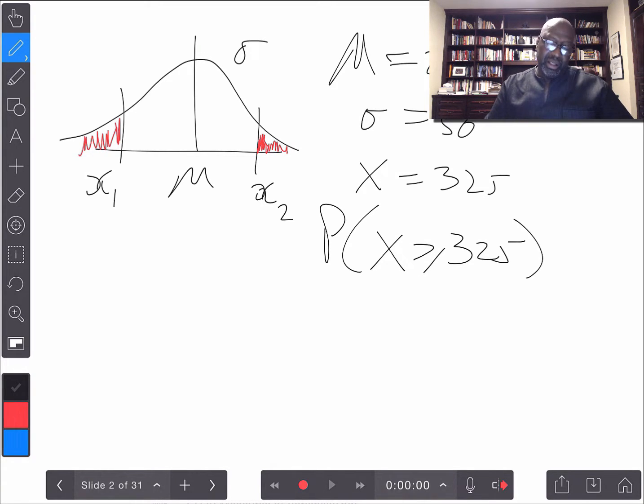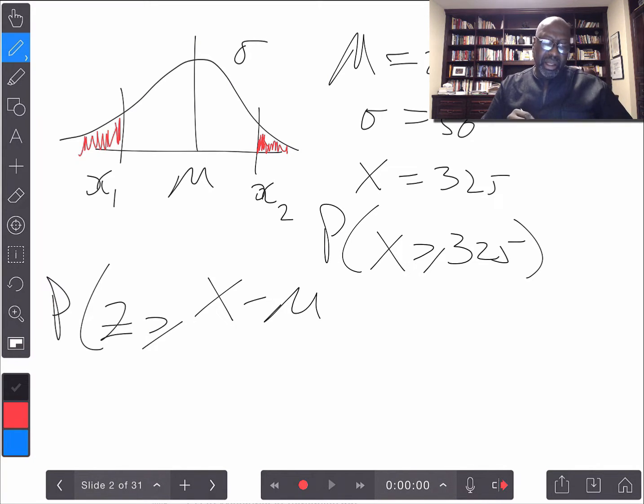Then we would convert this x value to a z-score. So it would be the probability of z greater than or equal to... but what is a z-score? A z-score is the value of the variable minus the mean, in other words, the distance between the value of that variable and the mean, expressed in standard deviations.